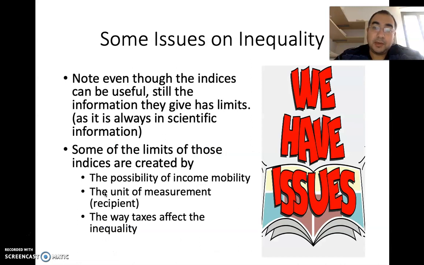While measuring inequality, there are some specific issues you should consider. The first one is the possibility of income mobility. You might have a society which is not equal in terms of income, but part of that inequality might exist because people at the starting point of their life, when they are young, might be earning low income and have low wealth, while in time they might be increasing their wealth and income levels.